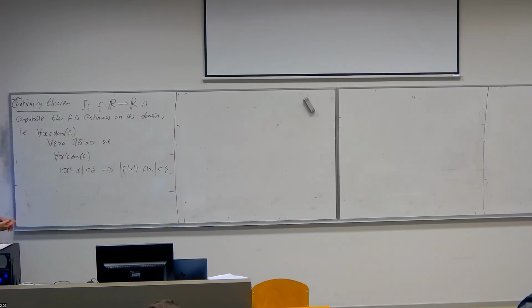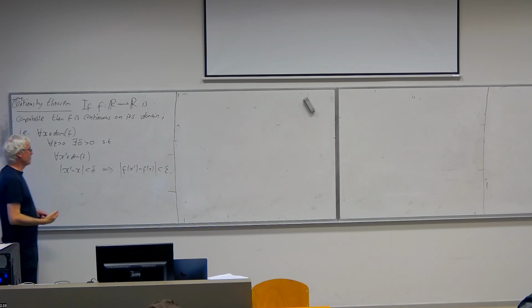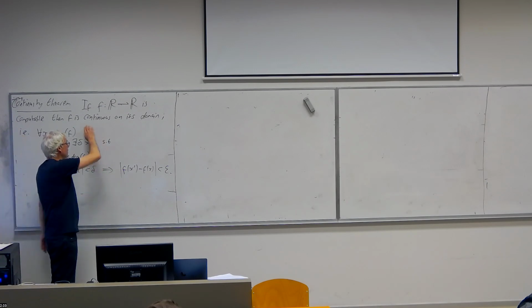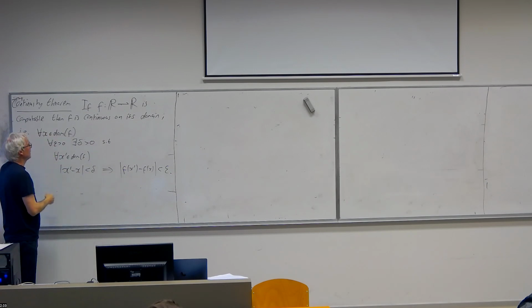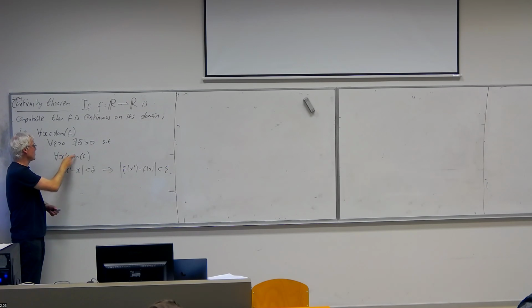continuity is basically equivalent to computability, in that one can strengthen the notion of continuity to what one might call effectively continuous, by making sure that there's some computability content in how one computes the delta from an epsilon and things like this. I'm not going to make it precise.